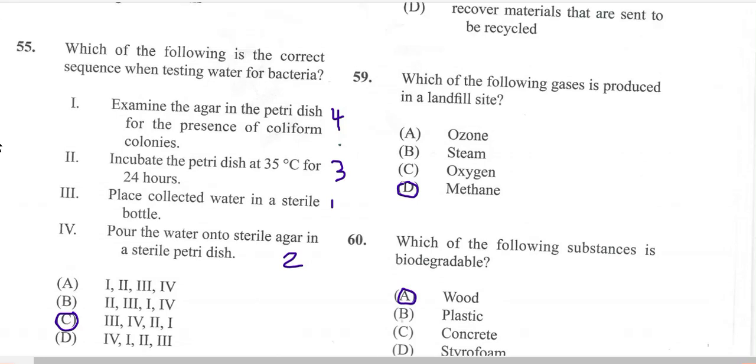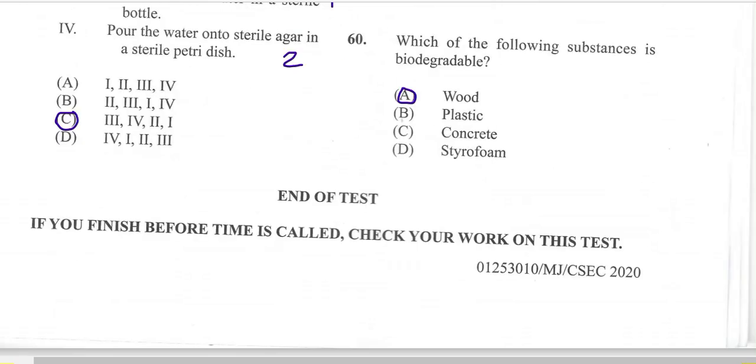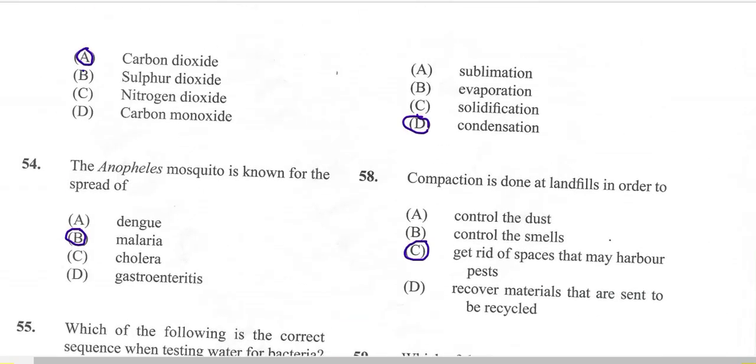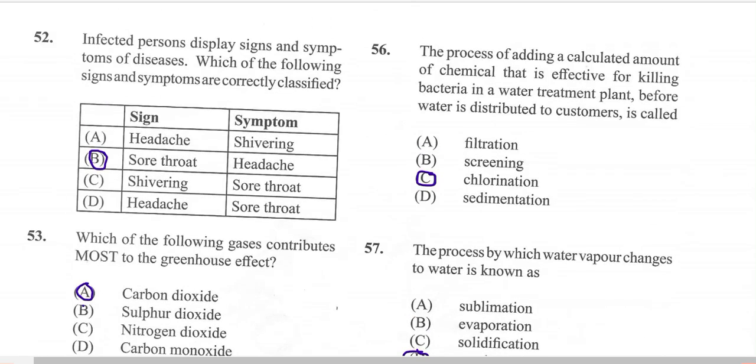Now we're moving on to question 56, and it's going to be a nice question as we move closer to the end of the exam paper. So we look carefully at question number 56. The process of adding and calculating the amount of chemical that is effective for killing bacteria in a water treatment plant before water is distributed to customers is called chlorination.